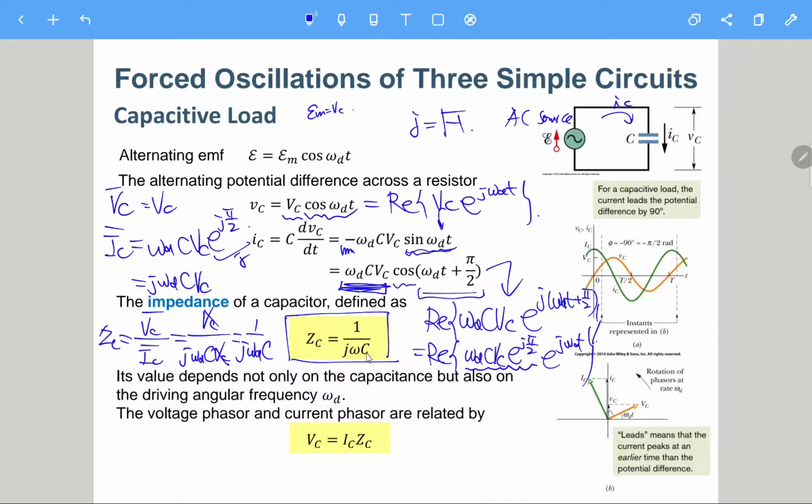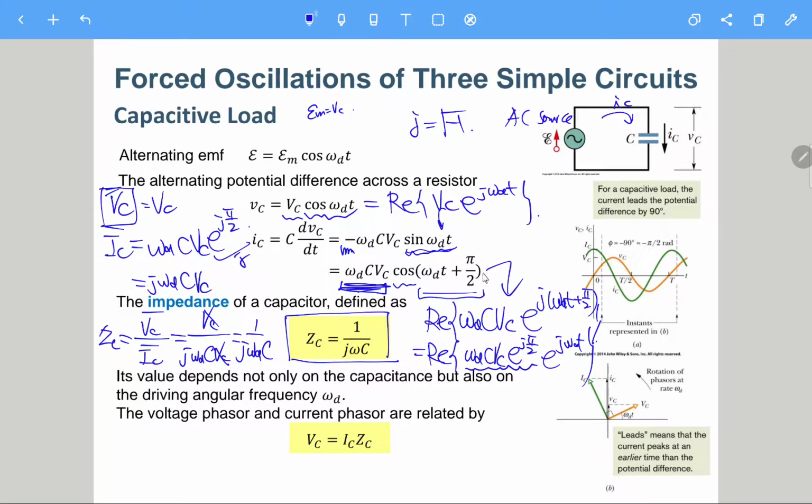In this case, if we use the phasor notation, this is the phasor of the voltage. This phasor will represent this trigonometric or sinusoidal function according to the amplitude and the phase. The phase is 0, so this is a real number, Vc.